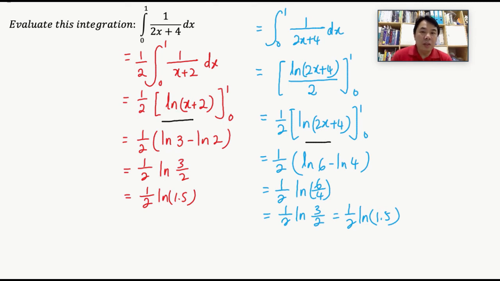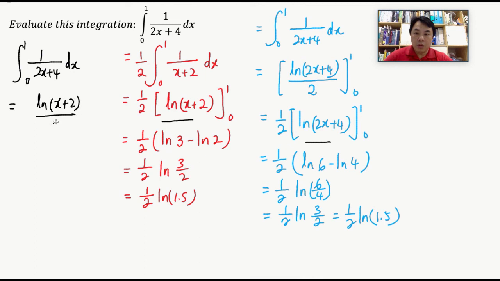So in general, we can apply the simplification method, or we can apply the formula directly. So both of them would yield the same result. Now, in this case, I can conclude that this integration can be given as, if I'm not evaluating that, I'm just trying to write the integrated form. So by using the first strategy, I would end up with ln of x plus 2, over 2.